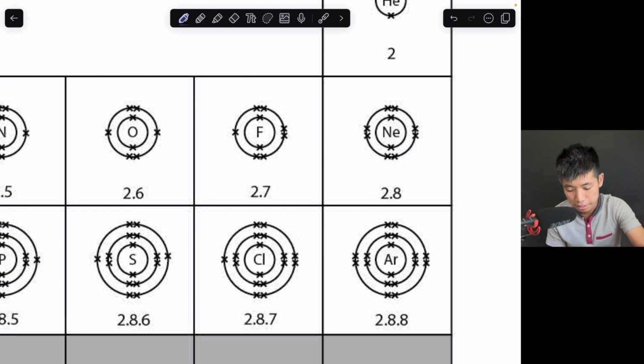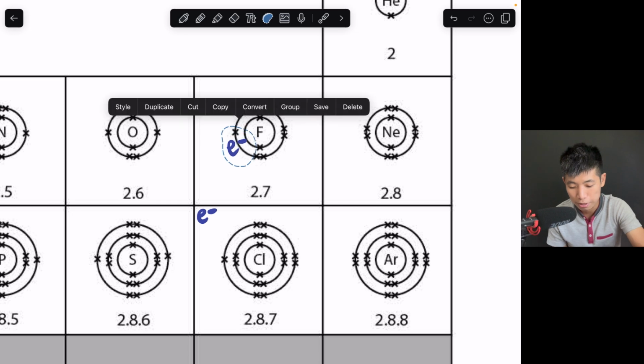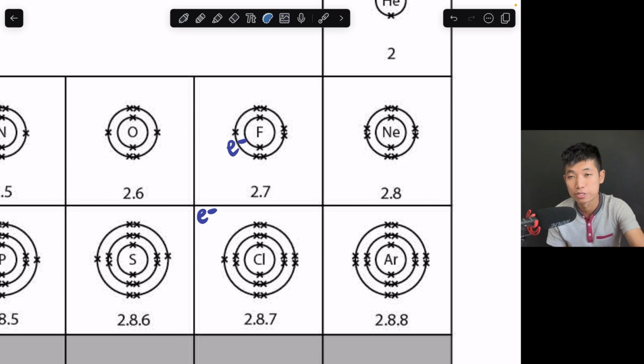The difference is that fluorine has 2 electron shells while chlorine has 3. So if there's an electron that is coming in, who is going to be more attractive towards the electron? It will be fluorine because the shell that this electron is going into is nearer the nucleus. So the electrostatic force of attraction will be stronger. Fluorine will more likely gain the electron, so fluorine is more non-metallic.